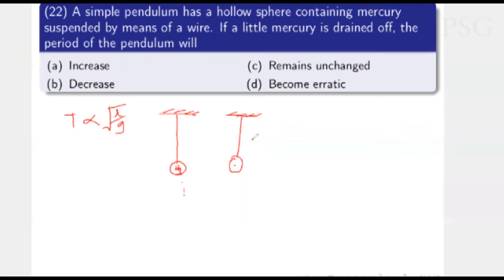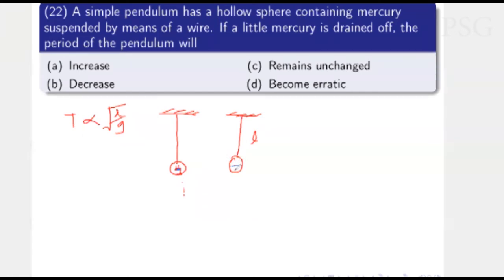Look at the effective length. So initially, where was the center of mass? When mercury was completely filled, center of mass of this bob is exactly at the geometric center. It's at this point. Now let me consider mercury is drained off. Now it is half filled. Therefore, where is the center of mass for this bob now?